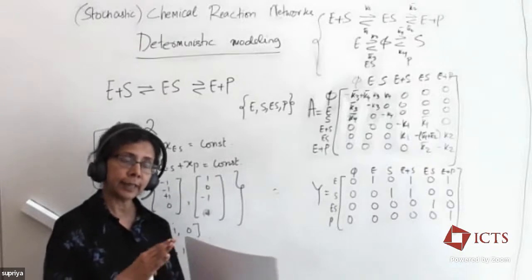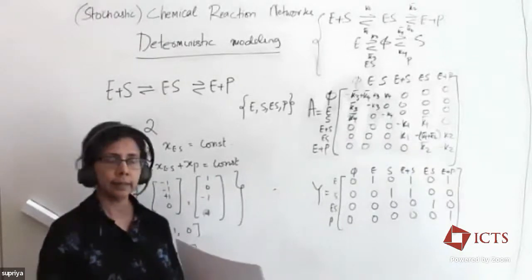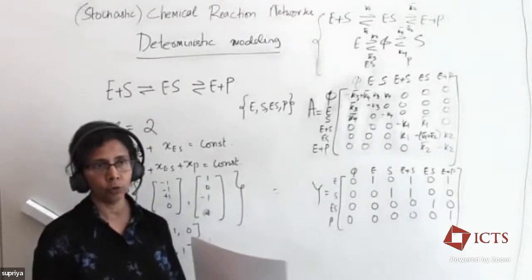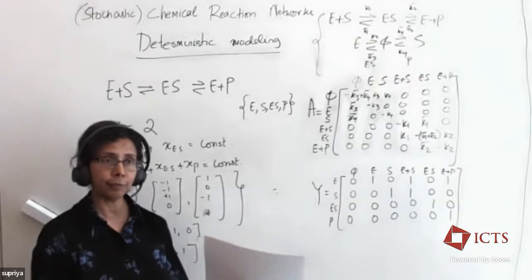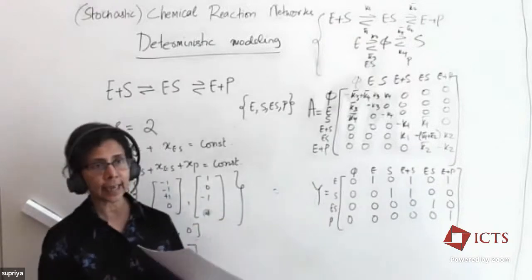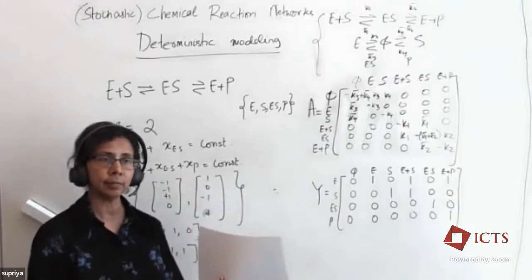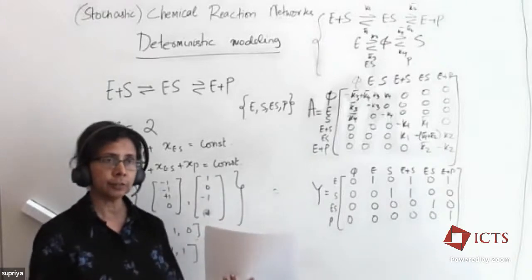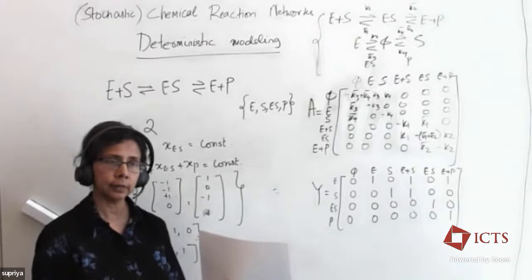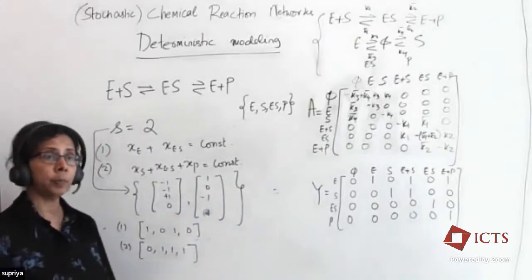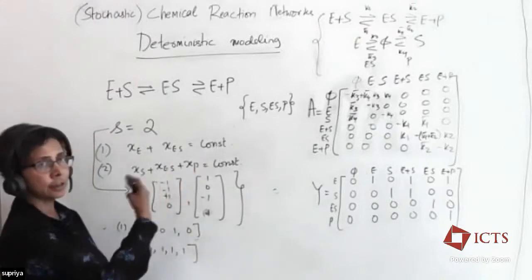But when the reaction has taken place, sure, S reduced also. But if you look at E and ES, if I count just the numbers of E and ES in my system, that reaction is keeping it constant. So S reduced, of course, but then S is obeying a separate conservation law out here.